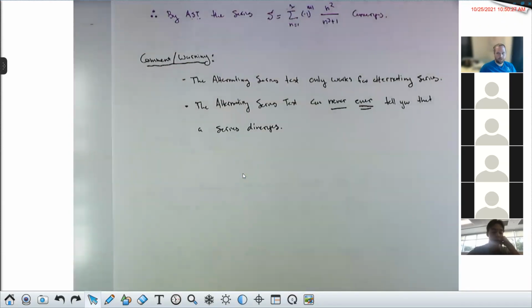Just like the test for divergence can never tell you that a series converges. All right, so the alternating series test says if these two things are true, then your series converges. But nowhere does it say if these things aren't true, then your series diverges. That's not the case. It's a one-way street, and it only applies to alternating series.